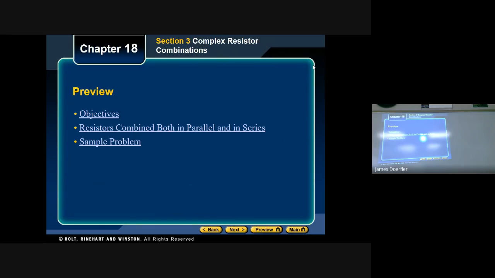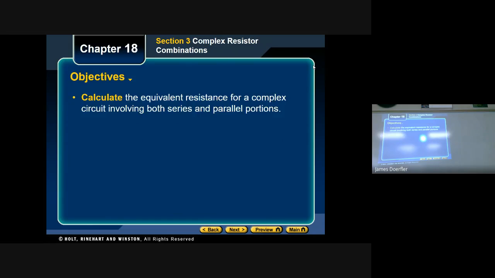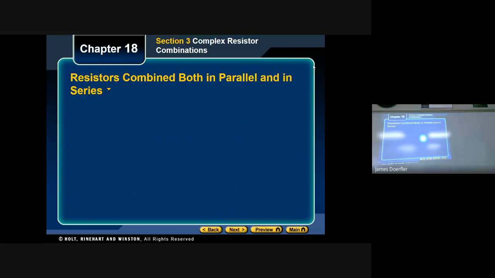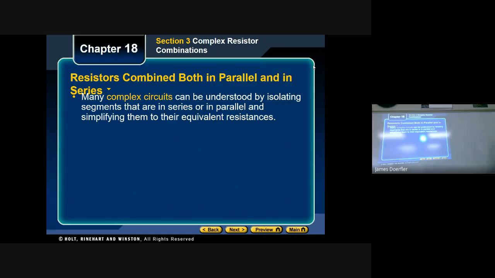It is kind of like a puzzle, where you have to break these complex combinations of parallel and series circuitry down into smaller units. Many complex circuits can be understood by isolating segments that are in series or in parallel and by simplifying them.